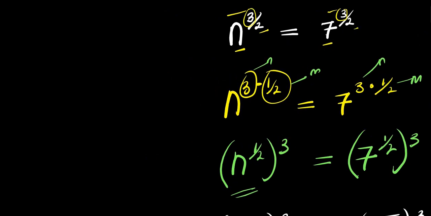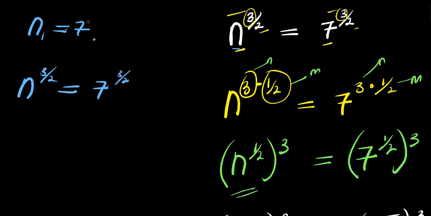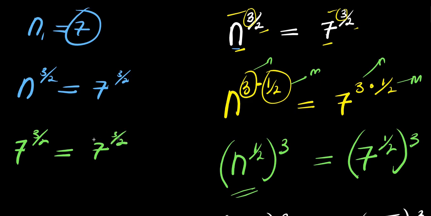If you want to check, you can easily insert the value of n right here. Remember, our n1 equals 7. So you have n power 3 over 2 equals 7 power 3 over 2. If you insert 7 here for n, you have 7 power 3 over 2 equals 7 power 3 over 2.